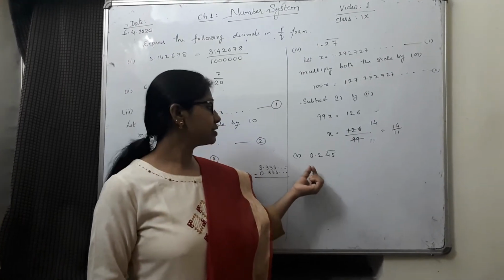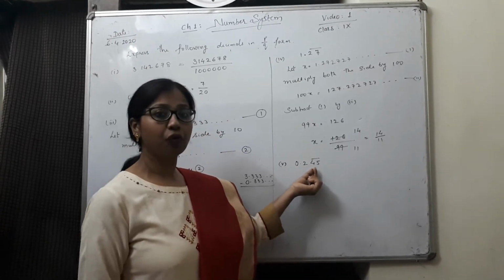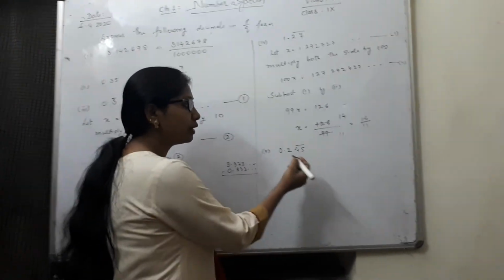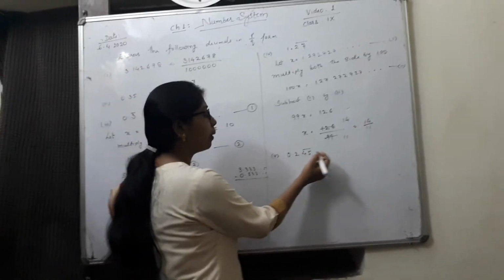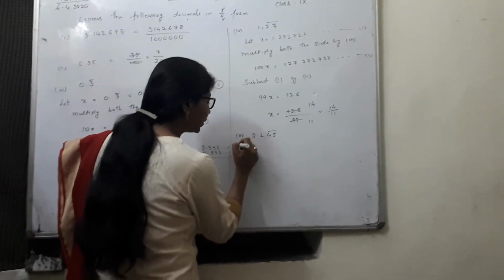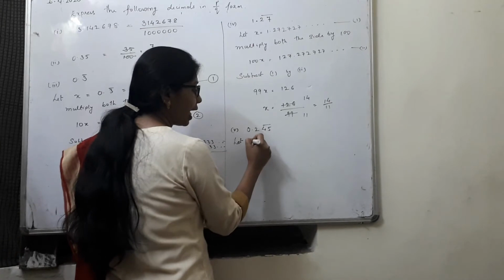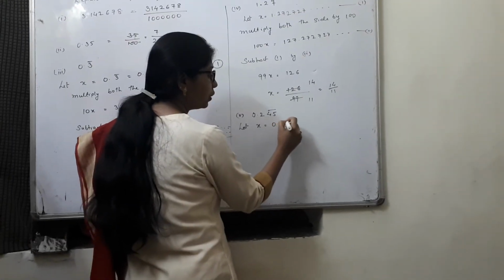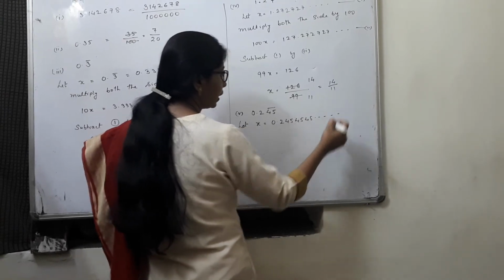One more example I am going to take, 0.245 bar. Here you can see that after the decimal not all the digits are repeating, only 4 and 5 are repeating. So for this we opt for another method. Let x equal 0.245, 45, and so on.